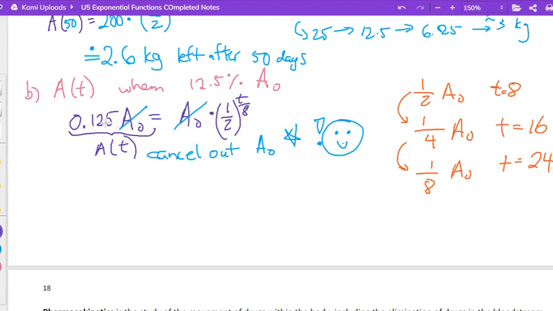So this 0.125, we actually are going to write it as 1/8. Why did we divide 12.5 by 100? Because it's percent. You can't write percent in an equation.